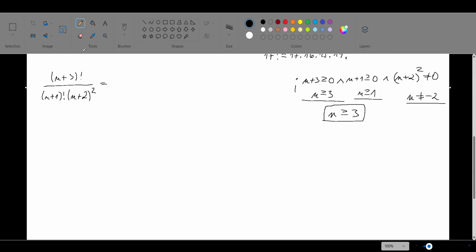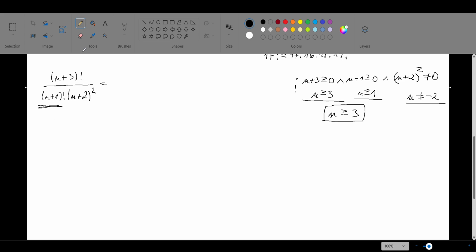So if we say n must be greater or equal to 3, all the conditions are met, and for such numbers this expression is defined. So let's finally solve this expression, simplify.